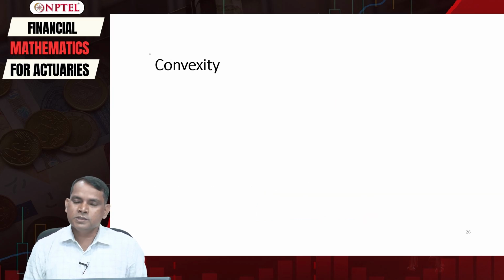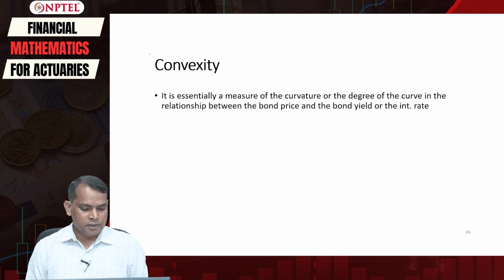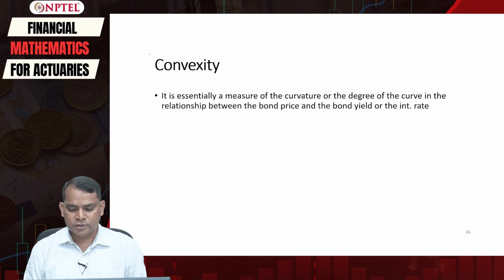So what is this convexity and how will it help us in our risk management or bond management? It is basically a measure of the curvature, or the degree of curve, in the relationship between the bond price and the bond yield or interest rate.